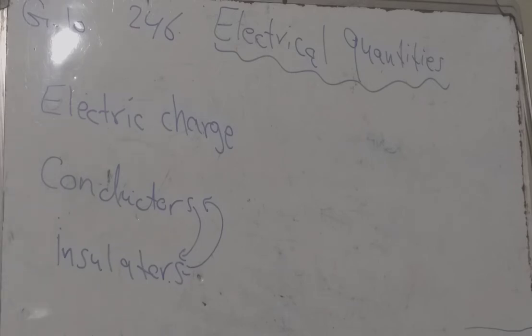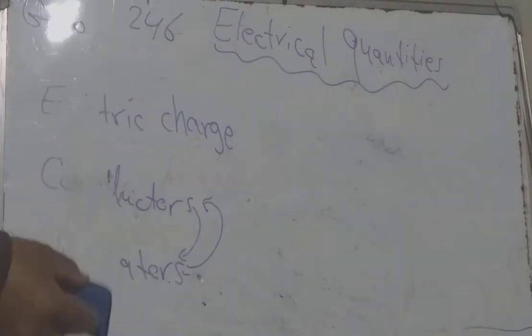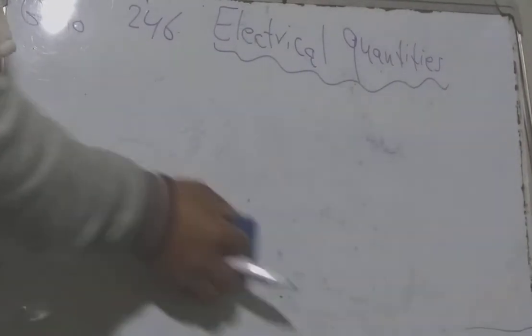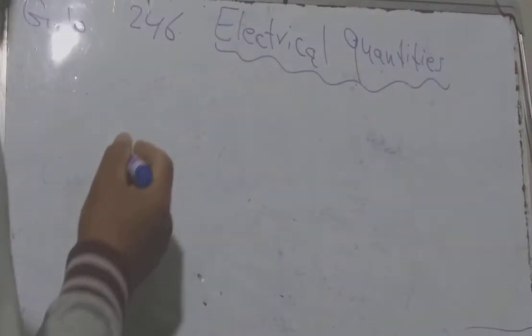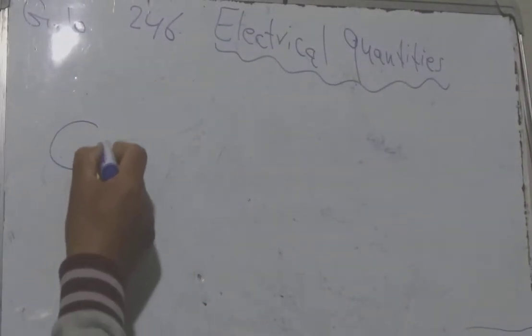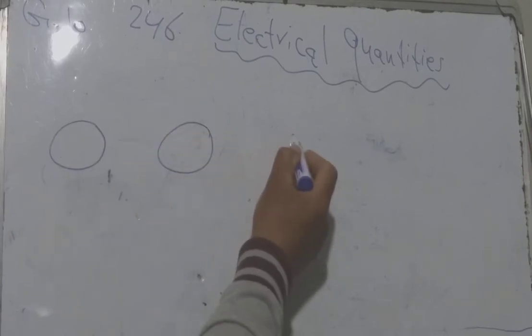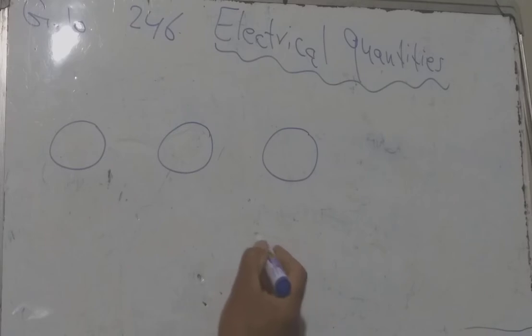In the structure of any metal, the metal atoms exist as ions surrounded by an electron cloud. We will draw it here. The atom of any metal will be something like this.